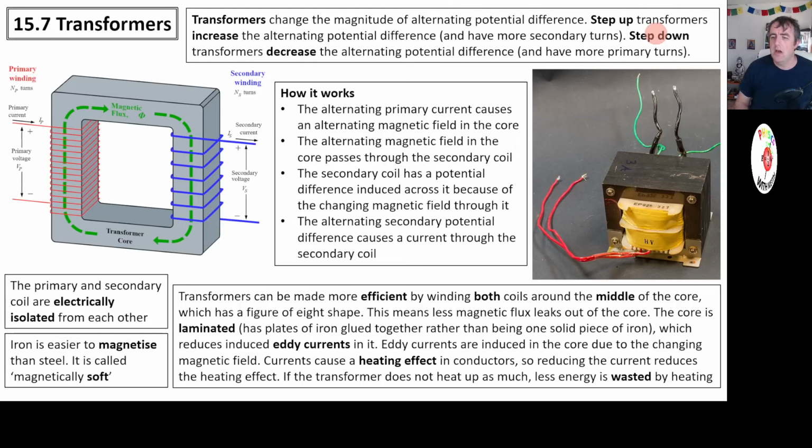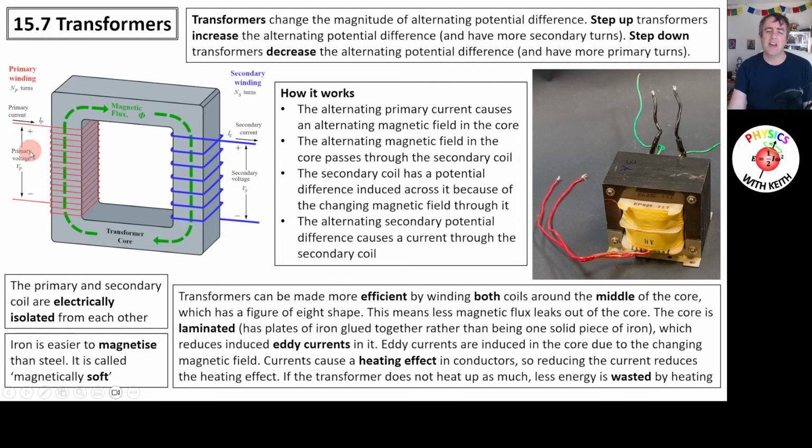But how does a transformer work? Well, it works a bit like this. Now, in A level, we go into real detail about how a transformer works, and it is complicated. We have two sides to the transformer, the primary side and the secondary side.